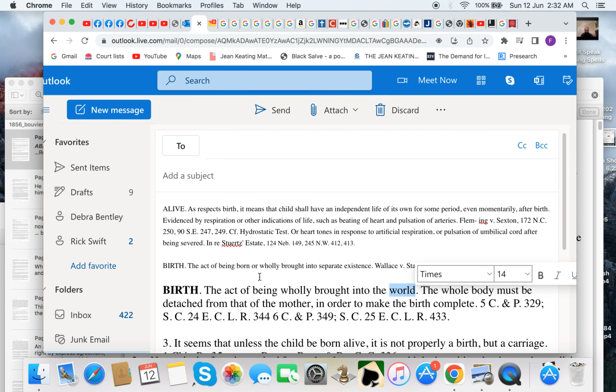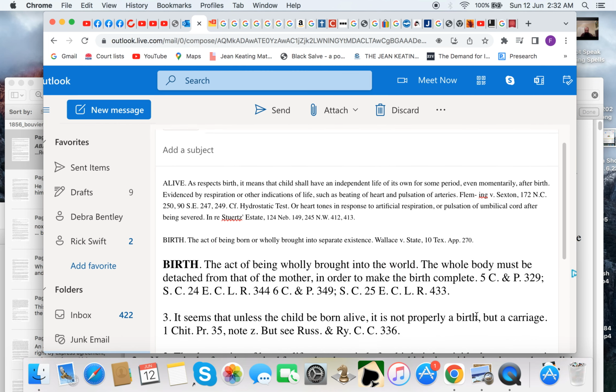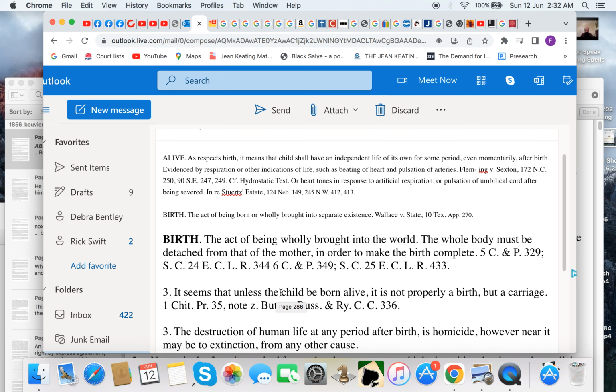So we know now that the act of being wholly brought into the world, into time. So an estate is measured in time. Wholly must be detached from the mother in order for a birth to be complete. It seems unless the child be born alive, it is not properly a birth, but a carriage.